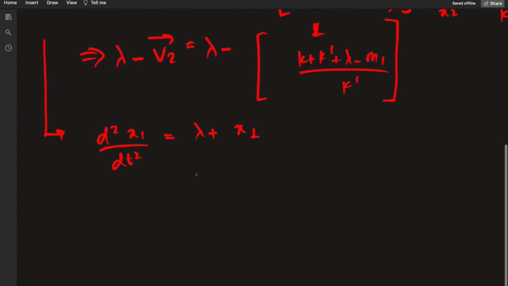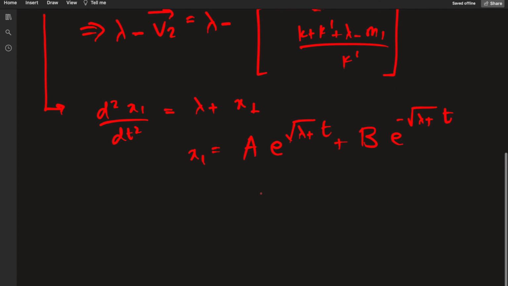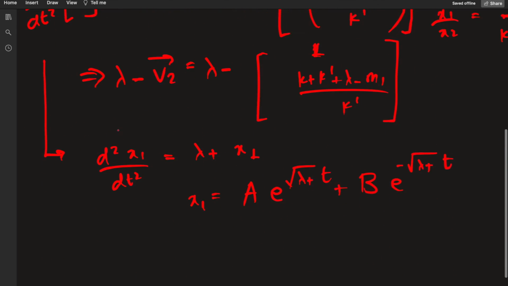And well, this has a simple solution. x1, which will be a function of time, certainly, will be a, which is some scalar, times e to the square root of lambda plus times t, plus b times e to the negative square root of lambda plus times t. Fair enough. Okay, now solving for x2.